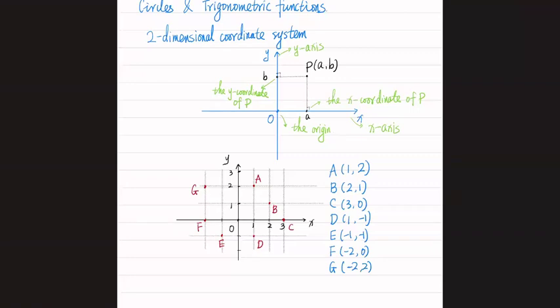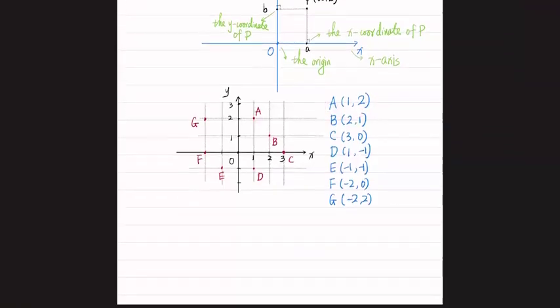An important feature is that if you switch the order of these two numbers, we get a different point. From A, we get to B. So these are ordered pairs. If the order changes, the point changes.